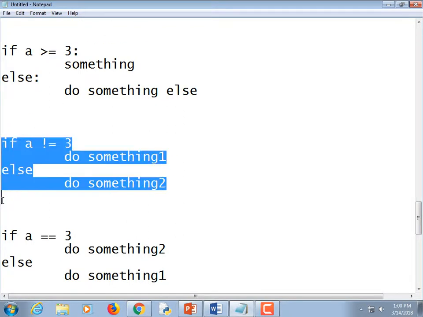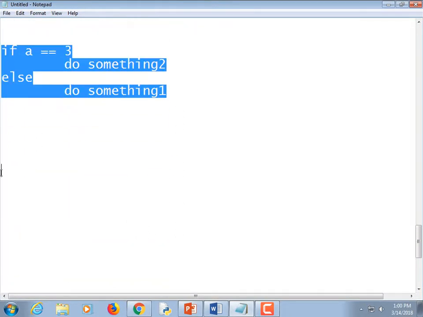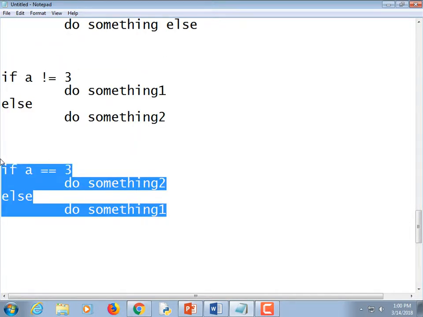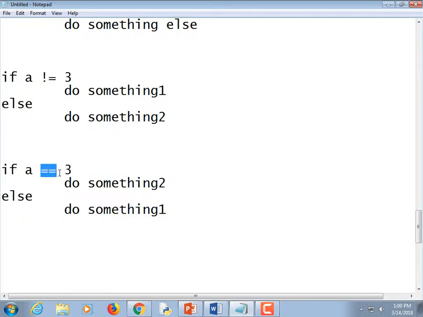Okay, this is identical logically to this. It just depends on which one you think is easier to read. Textbook is recommending that one. I would do the same. I would recommend that one. If you have to have more than one choice and you wrote it as a not equal, go ahead and flip the logic so that it's checking for the equal case first rather than the not one. But it's a judgment call, not a hard and fast rule.